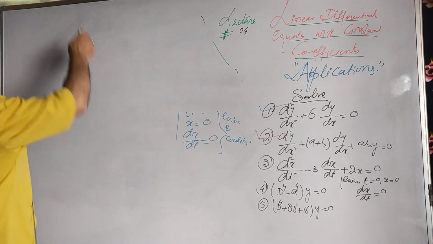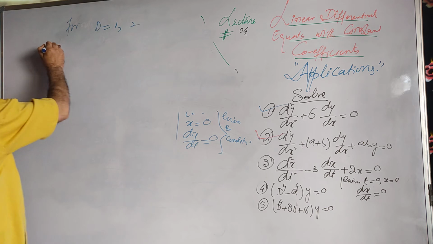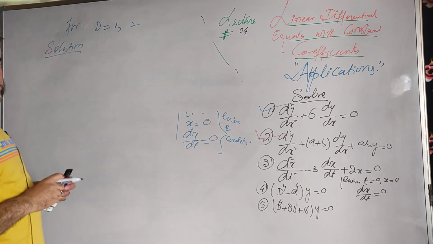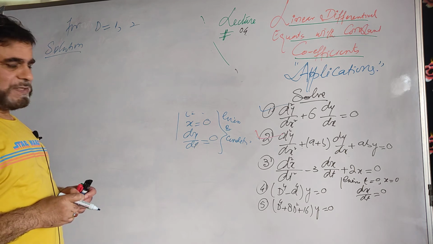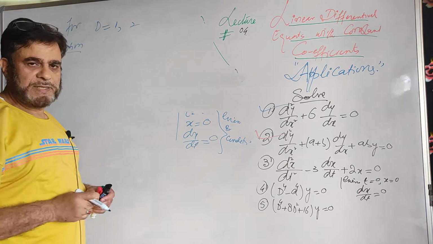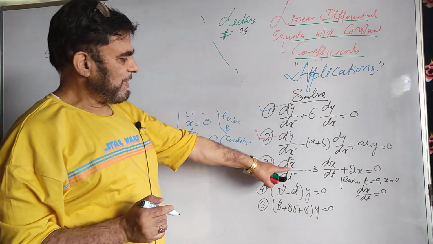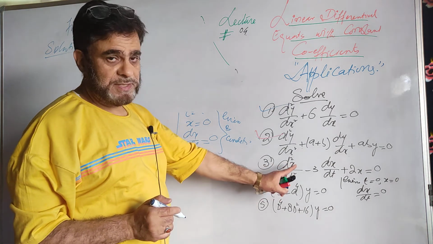So for D = 1, 2, what is the solution? You cannot write y = here, because our dependent variable is x and the independent variable is t, as in d2x/dt². Remember that.